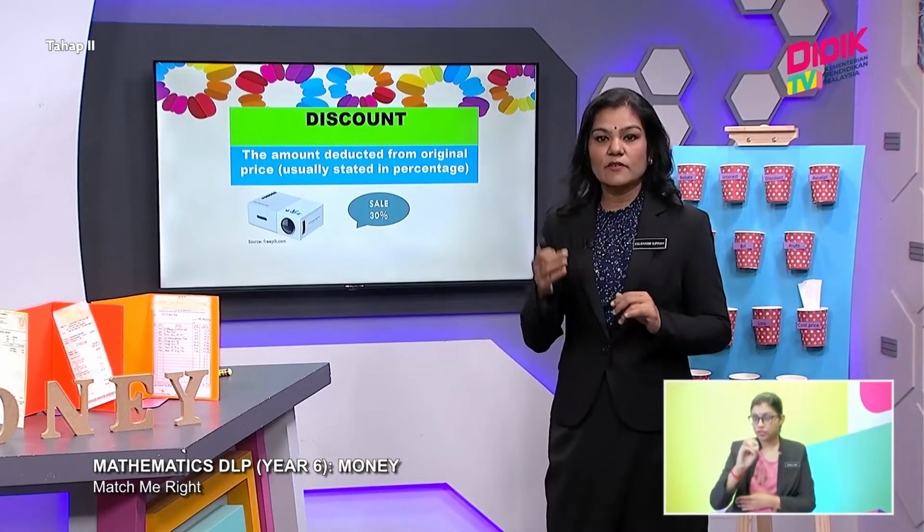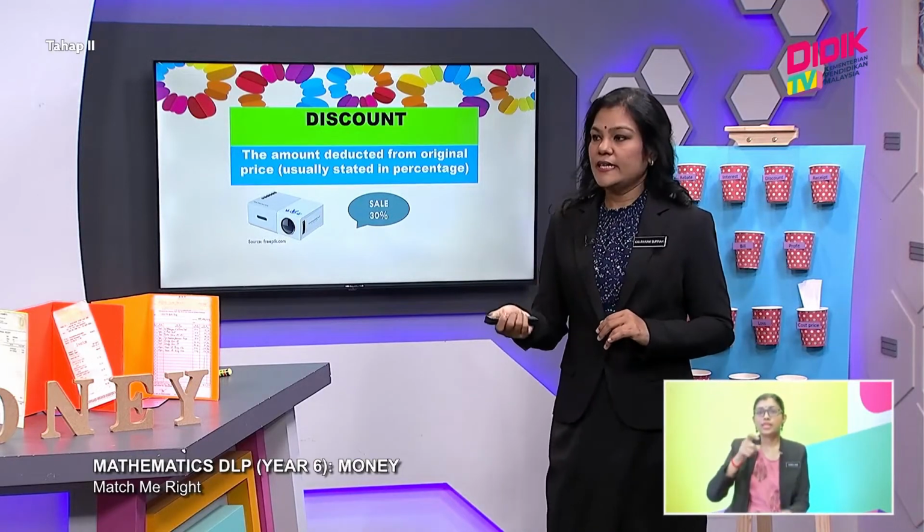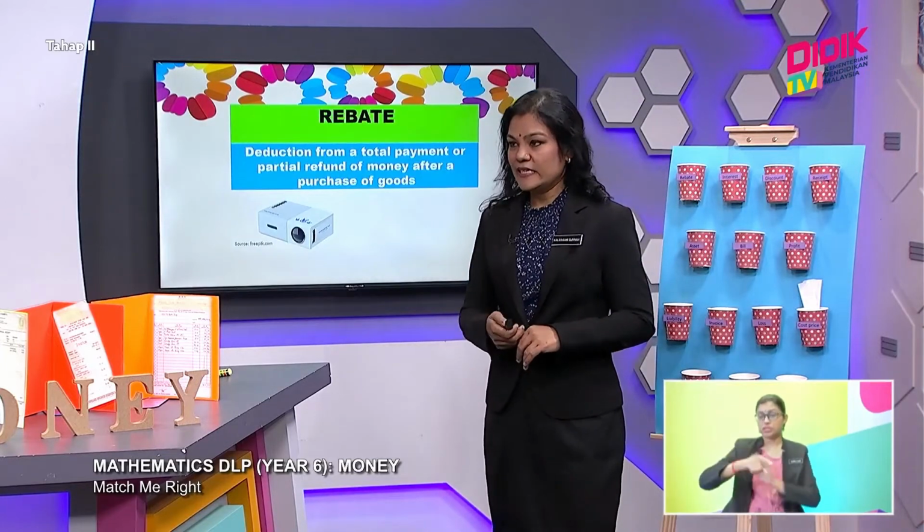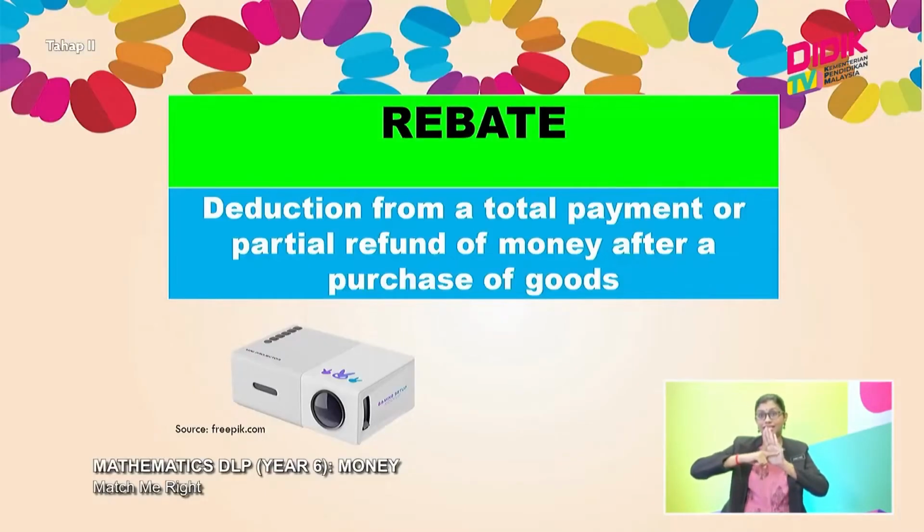Students out there, you have to calculate the discount. And then rebate, you just deduct directly. It is a deduction from a total payment or a partial refund of money after a purchase of goods. For example, you see the LCD projector on the screen. They give you a rebate for, let's say, around 5,000. They give you 250 rebate straight away, so you just minus the amount directly.